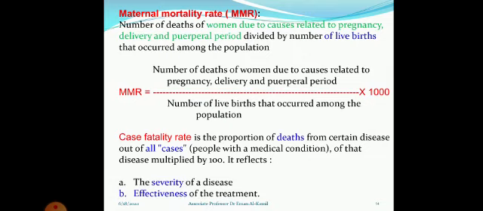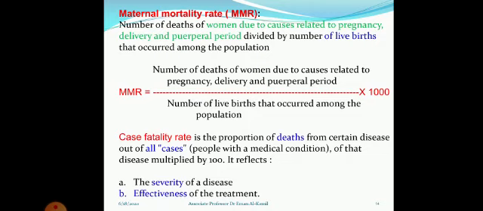The puerperal period is up to 40 days after delivery. It is divided by the number of live births in that year in that population, multiplied by 1000.